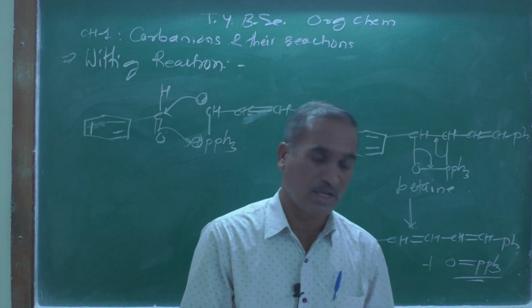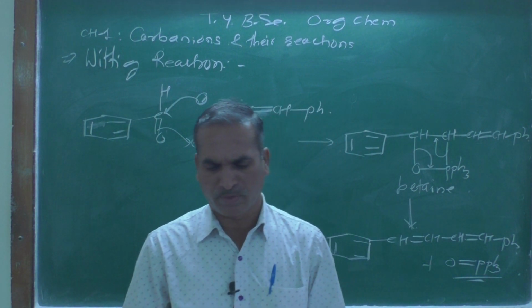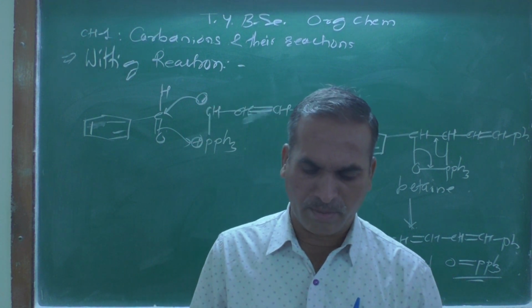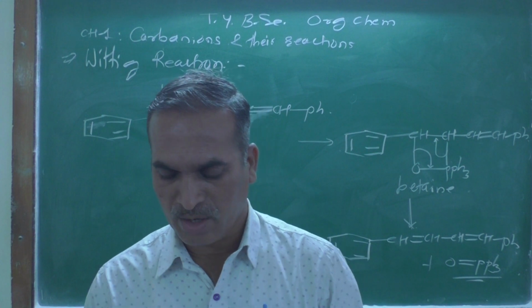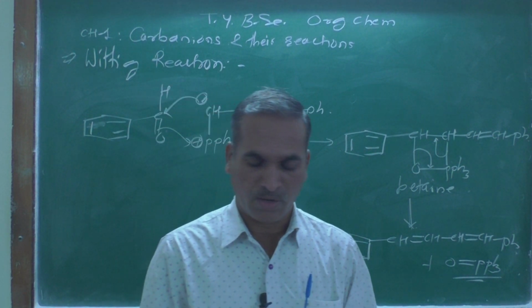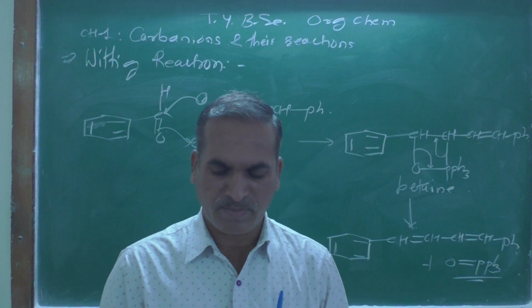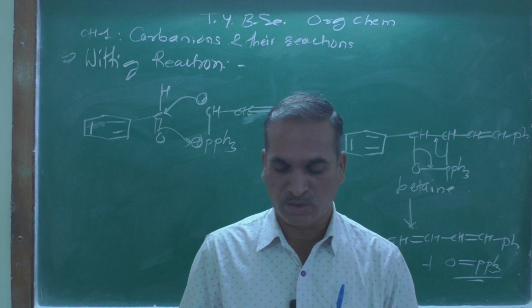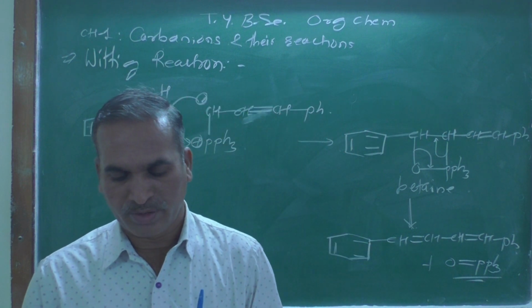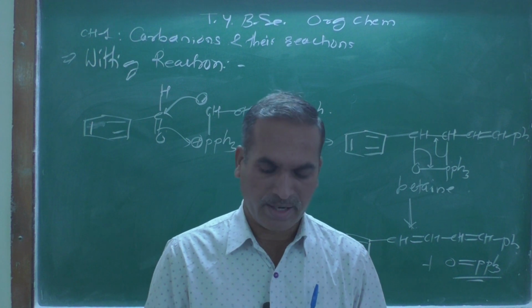But the Wittig reagent: George Wittig in 1954 reported a method of synthesizing alkene from a carbonyl compound, which involves the replacement of the carbonyl group, C double bond O, as we know, by the group C double bond CRR dash.